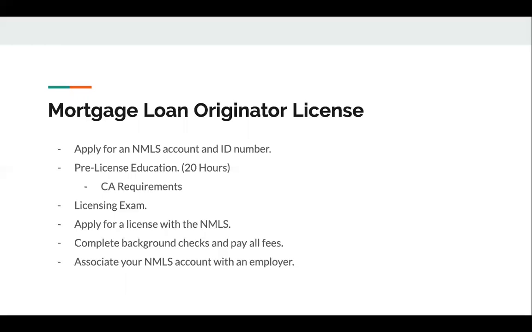It covers ethics, a whole variety of regulations, and a lot of calculations too, things you should know to be prepared for originating loans. And then there's also a California requirement, which I believe is just 1 hour. You have to take one additional hour on top of that 20 hours.